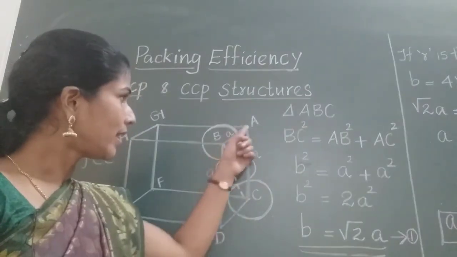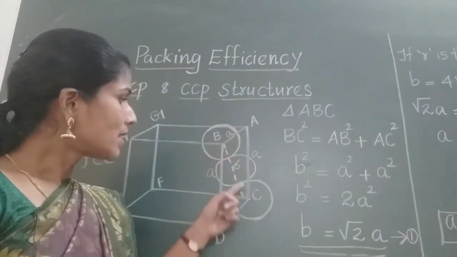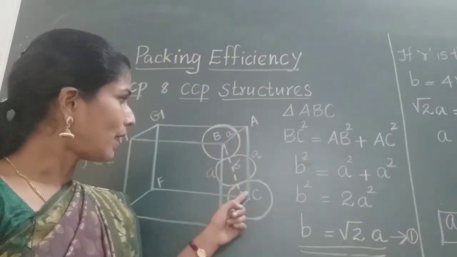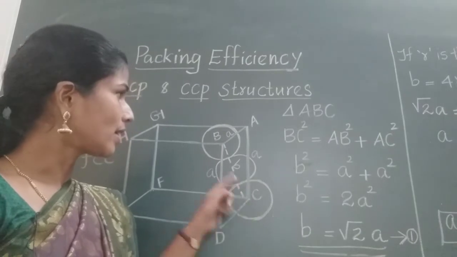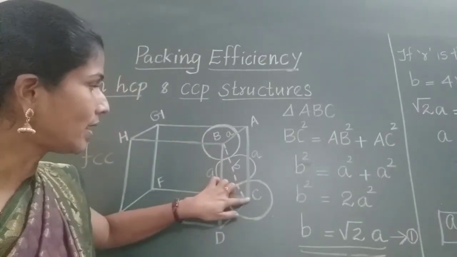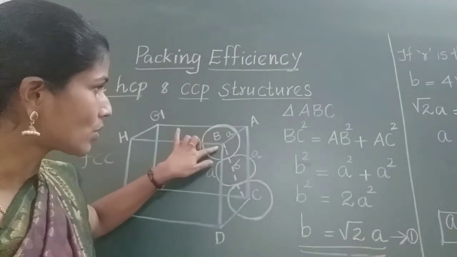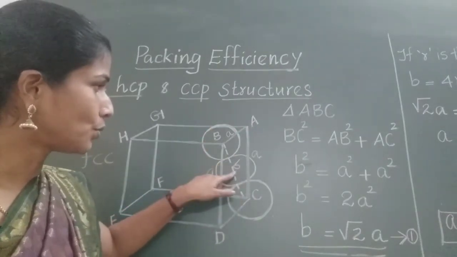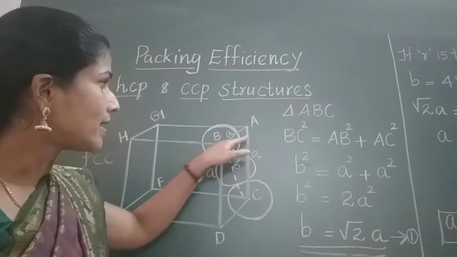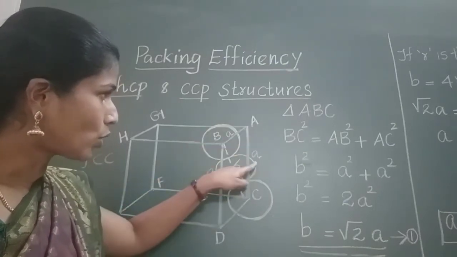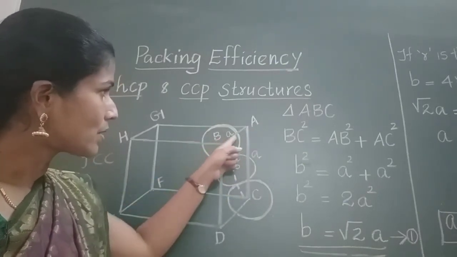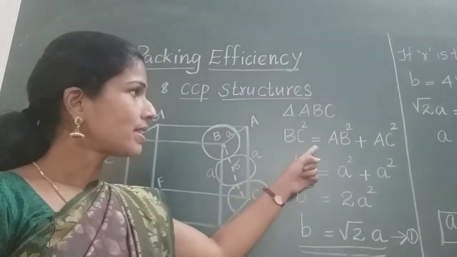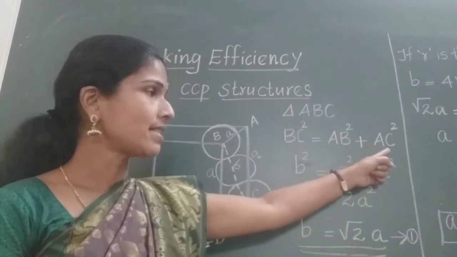From this triangle ABC, BC square is equal to AB square plus AC square. Here BC is equal to small b, AC is equal to small a and AB is equal to small a.